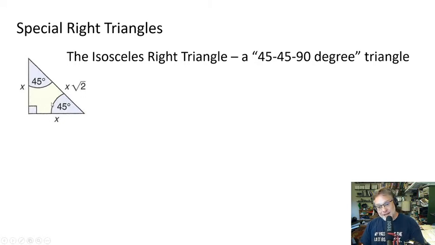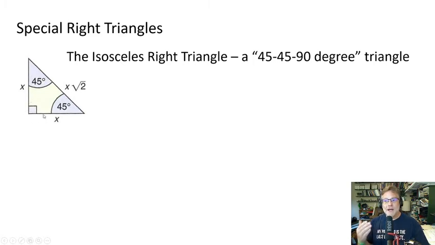Now, one of the things that we mentioned about an isosceles triangle, in addition to these two sides being the same size, is that the base angles of the isosceles triangle also have to be the same. So in addition to these two sides being the same, these two angles also have to be the same. And if we know, for example, that all of the angles have to add up to 180, we already get 90 degrees with this angle here.